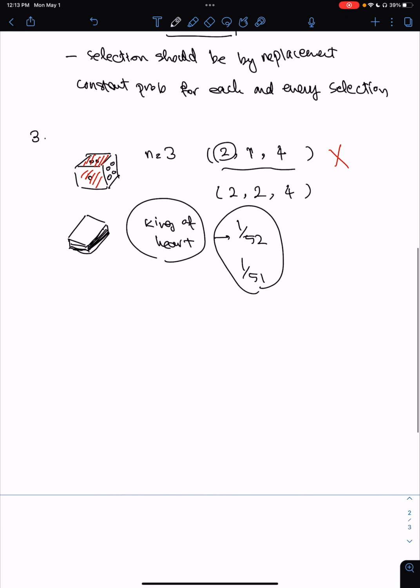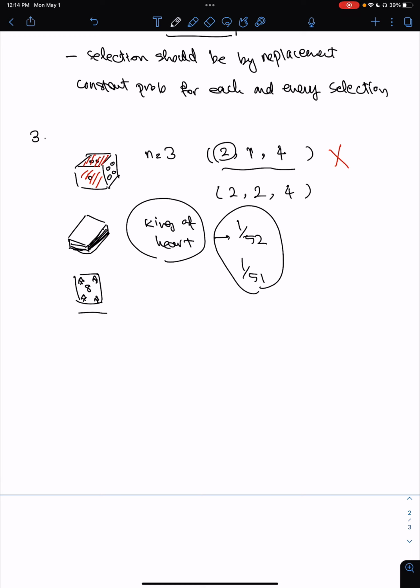With replacement, you pick a card, say the 8 of diamonds, and it isn't the King of Hearts. So you put the 8 of diamonds back in, shuffle the cards, and pick again.